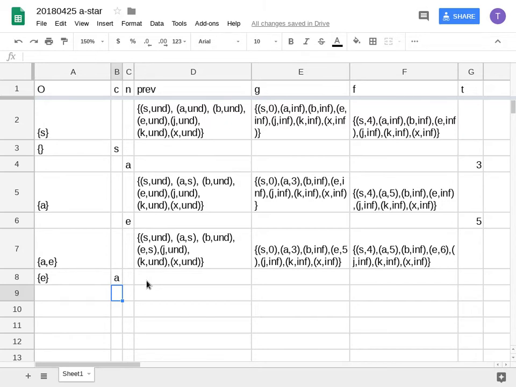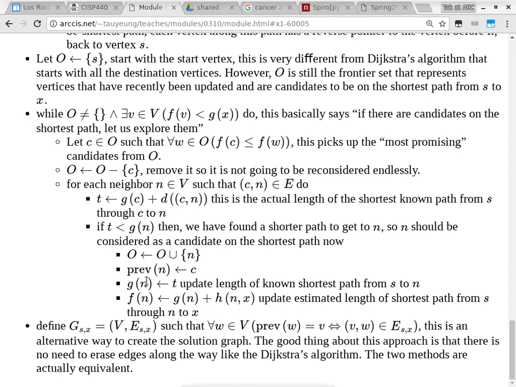Okay. So now we switch back to the algorithm. We are done with this part here, and with the second part. We removed that particular vertex, vertex A, from big O. So now we have to look into every single outgoing neighbor, neighbors that are connected from vertex A. And for each one, we have to go through this type of calculation.